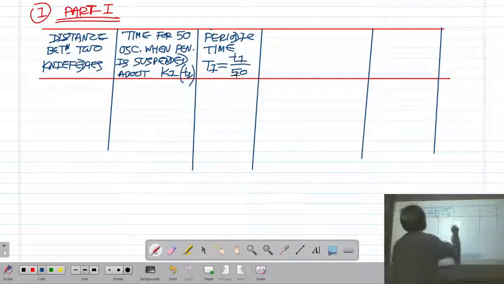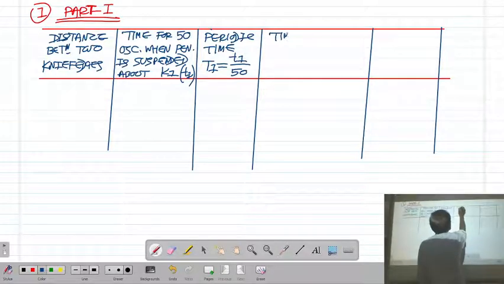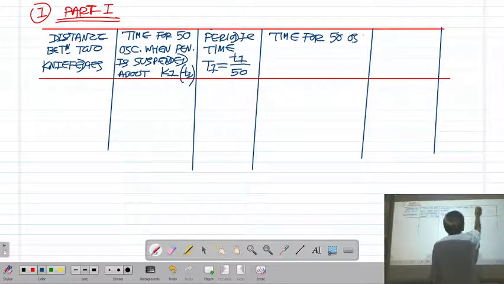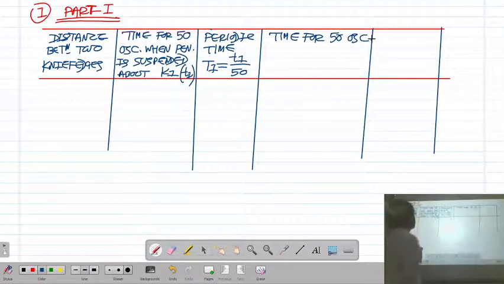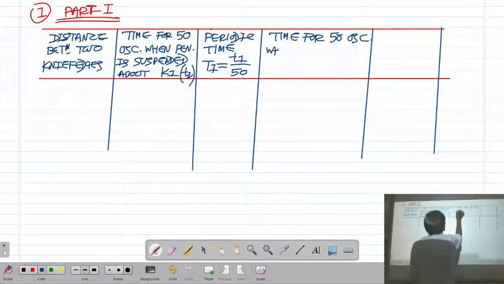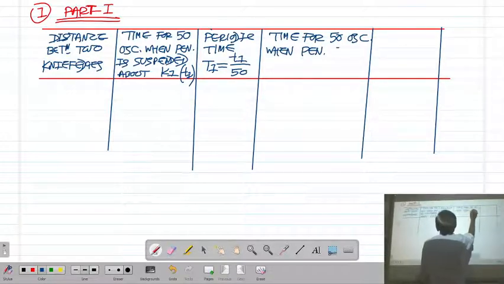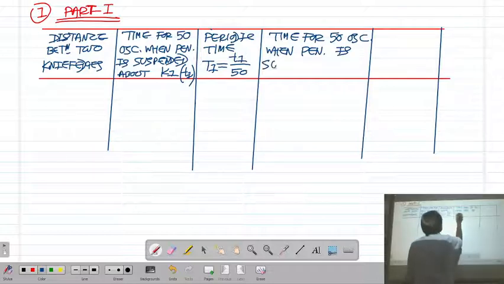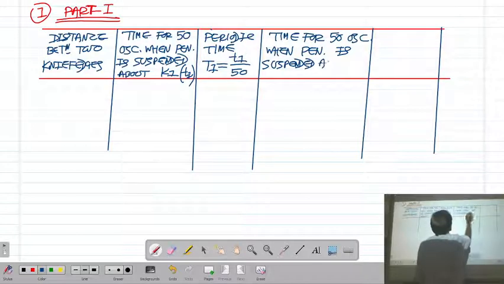Okay. Then we measure the time for 50 oscillations when the pendulum is suspended above knife edge K2.